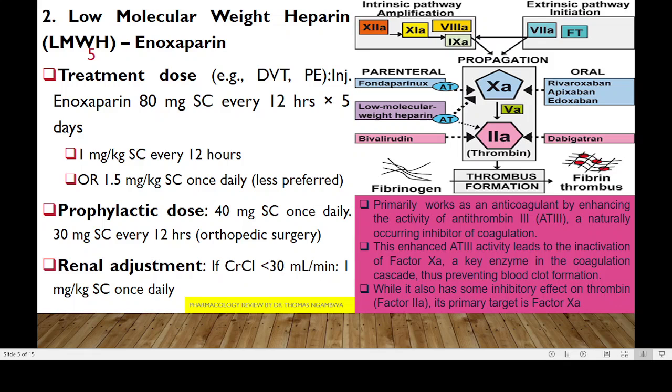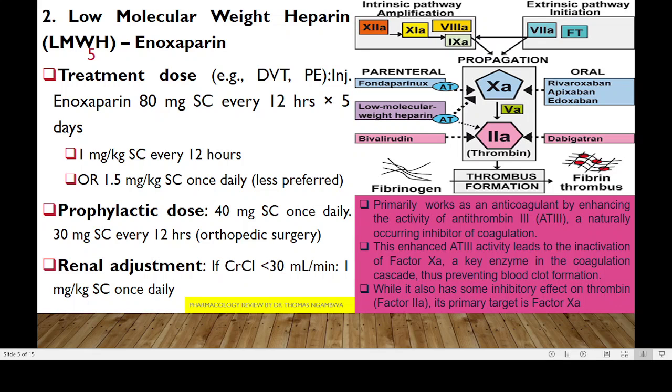If you have stable clients who need heparin, you're going to give them low molecular weight heparin, which is enoxaparin. So for the treatment dose, like in the case of deep venous thrombosis or pulmonary embolism, you give an injection of enoxaparin 80 mg subcutaneous every 12 hours for 5 days. That means that will be 1 mg per kg subcutaneous every 12 hours.